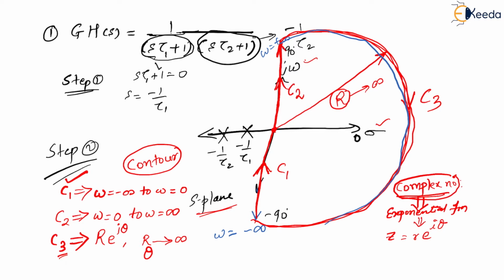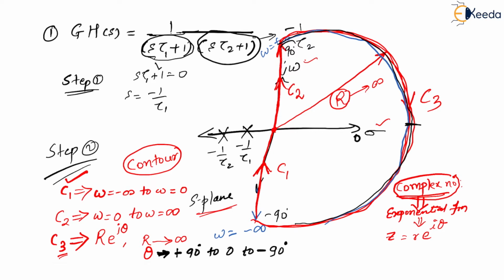So I'm moving from plus 90 to 0 to minus 90 degrees, which means theta goes from positive 90 degrees to 0 to minus 90 degrees.